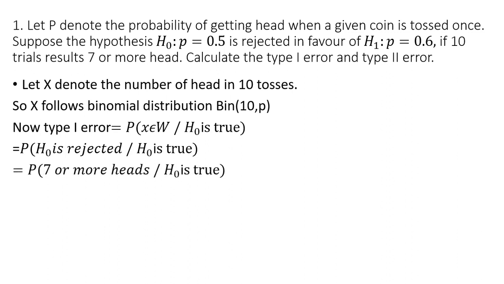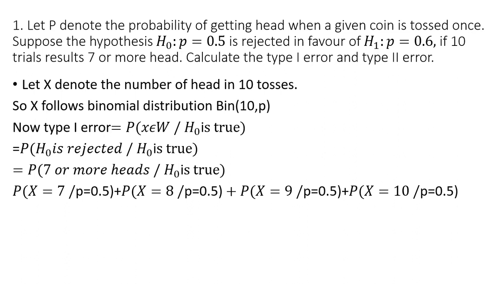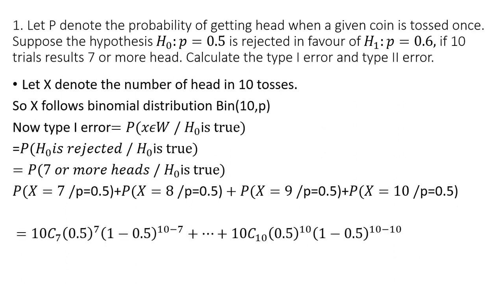That means the probability that the null hypothesis is rejected, that is 7 or more heads, given the null hypothesis is true. So it's calculation: just put p equal to 0.5 and calculate. The answer will be 11 by 64.